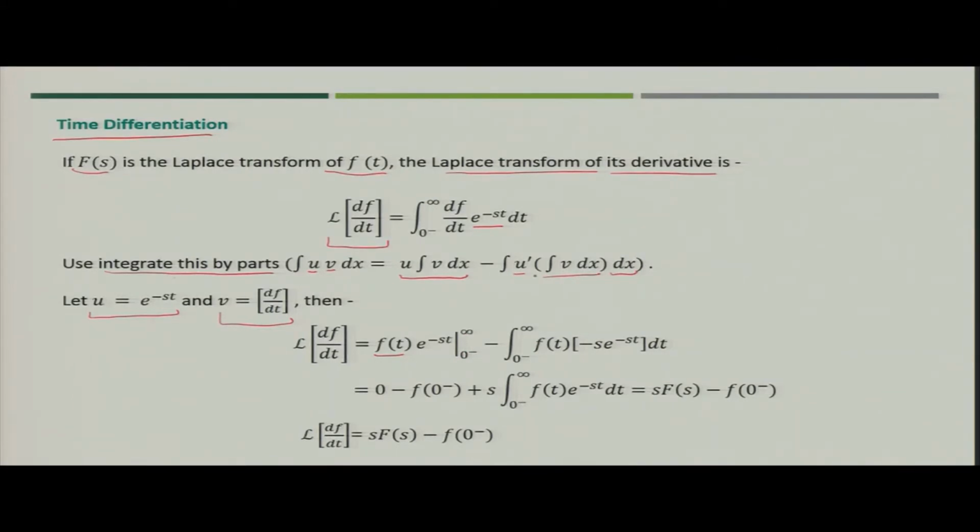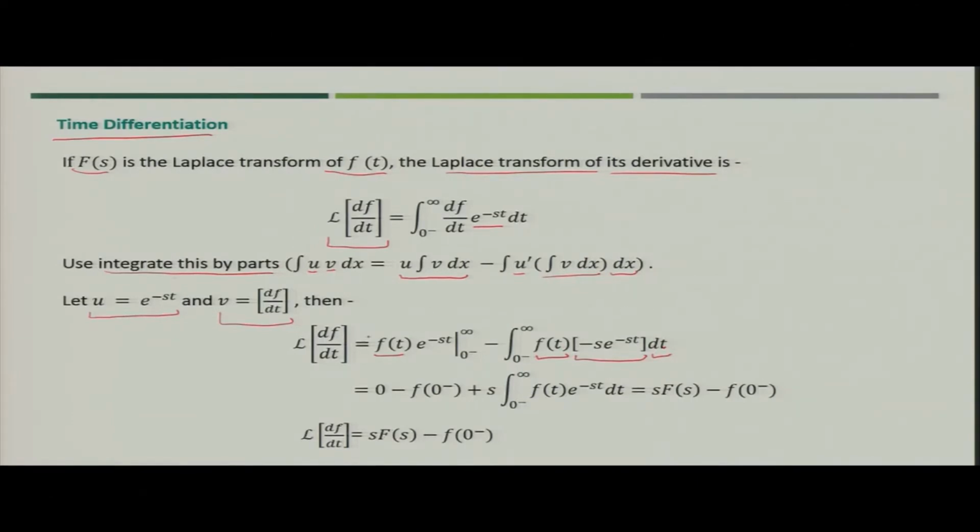Then for the second term, you will integrate between 0 to infinity, u dash, that is du by dt, which is minus s into e to the power minus st, and then again the integration of v dx, which would be nothing but the function f(t), and then dt.